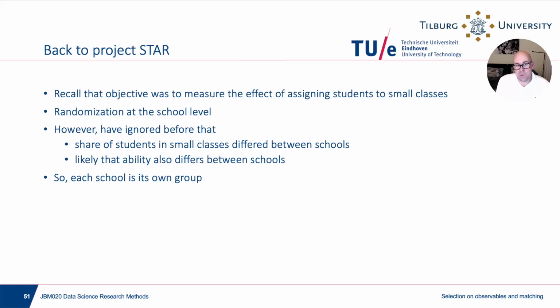What we have actually done in the first presentation was not taking all this into account, but simply comparing averages between treated and untreated students, not taking into account that all these things are happening.